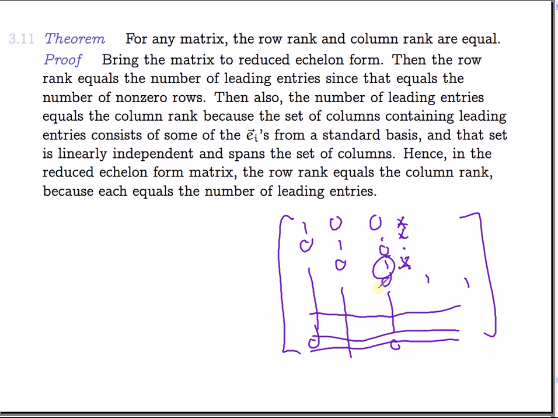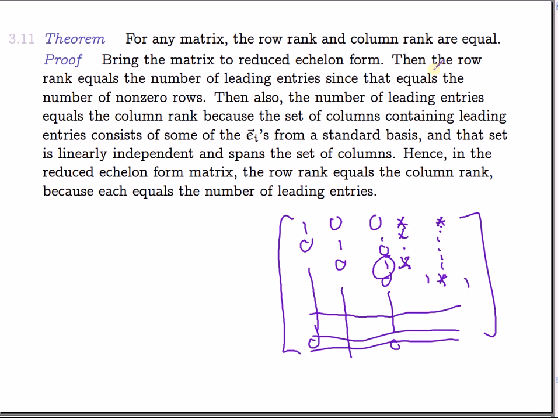So for instance, if I have a 1 here, and there's no leading entry in this column, it's possible that all of these entries are non-zero. Same here. For instance, if there's a column such that this 1 is the leading entry of the row, it's possible that I could have all non-zero entries here. So that's what your reduced echelon form looks like.